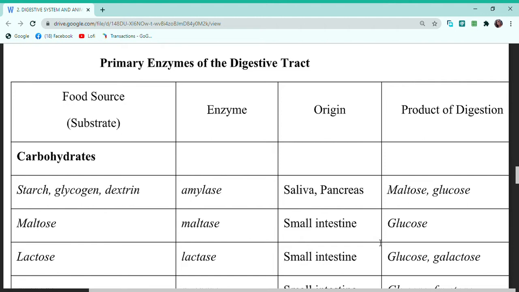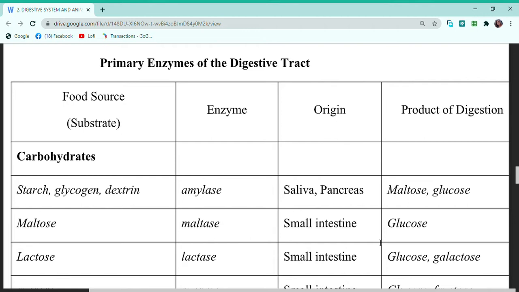So, if the food source is carbohydrate, the substrate is the starch, glycogen, and dextrine. The enzyme that will act upon this substrate is the amylase. Okay? And the origin of amylase is from the saliva and the pancreas.